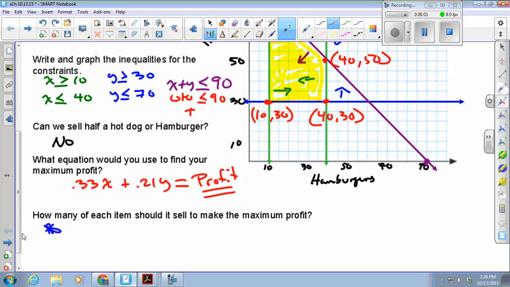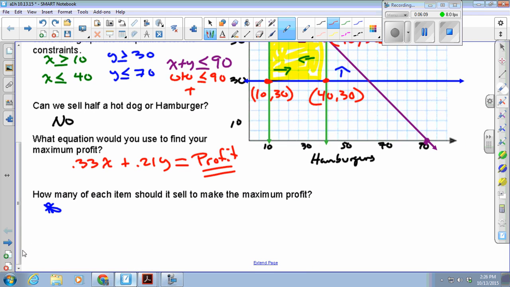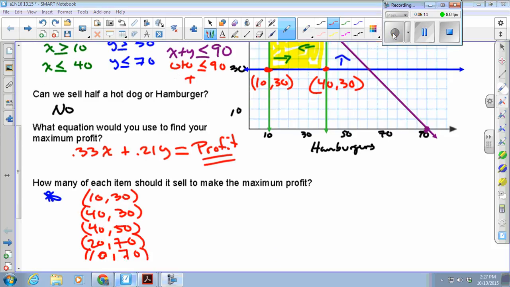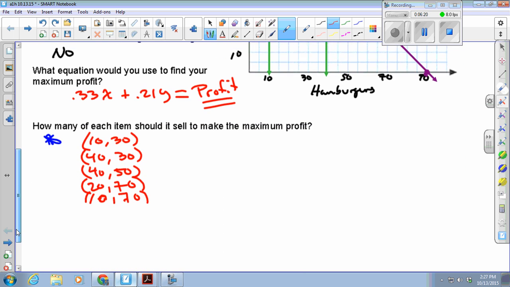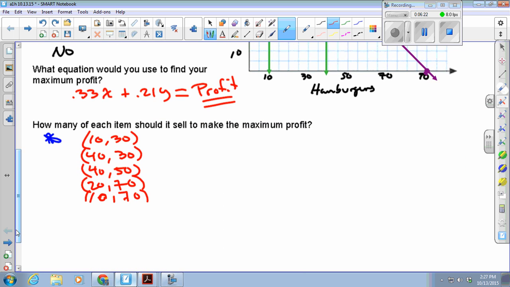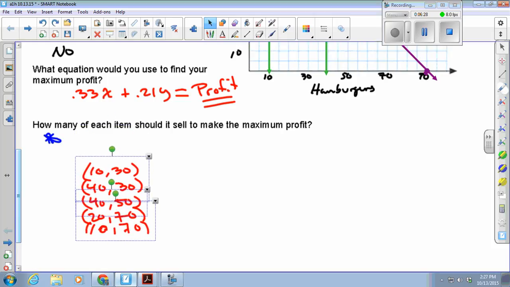Okay, so how many of each item? Well, now we've got to test, and that goes back to those numbers right there. We've got to test them all, (10, 30), and I'm going to list them all. Okay, so those are my 5 numbers. Remember, those came from the intersection points up there. And now I've got to test my equation, and that equation, remember, is coming from this one up here.